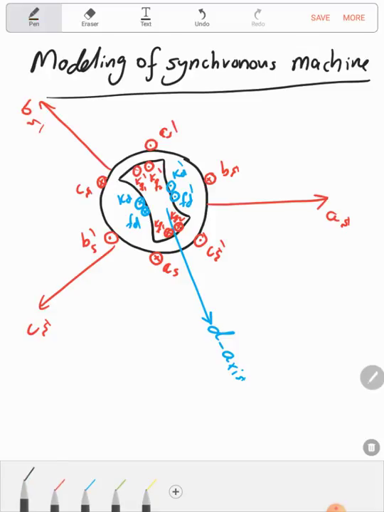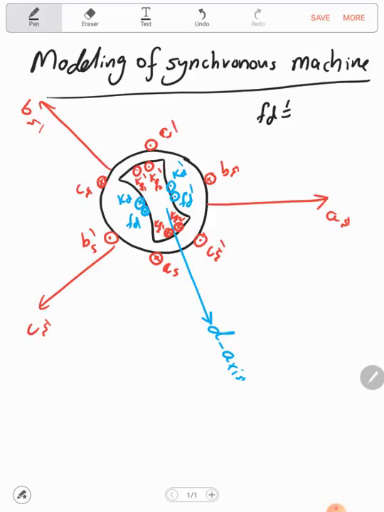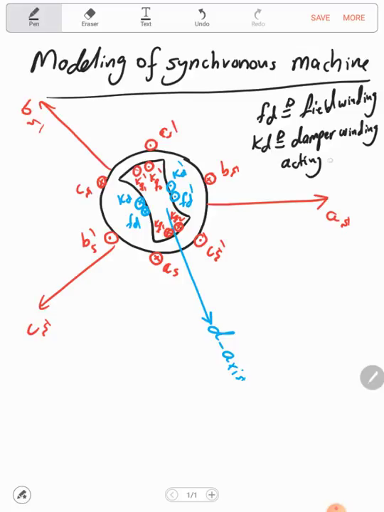Now here FD stands for field winding, and KD stands for damper winding acting in the D axis, in the direction of the axis, of course.